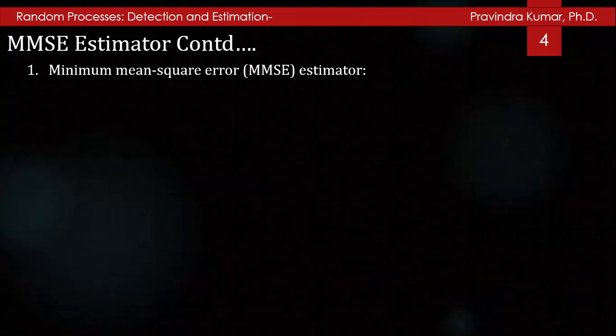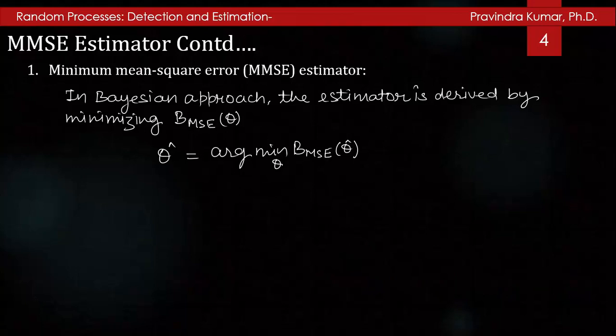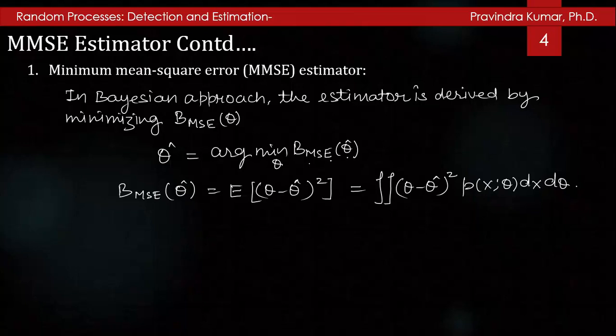In the Bayesian approach, the estimator is similarly derived by minimizing the Bayesian mean square error, so theta cap will be the minimization of the Bayesian mean square error of theta cap, where this BMSE is the expected value of the square of theta minus theta cap, or you can say the double integration of theta minus theta cap whole square times p(x, theta) dx d theta.